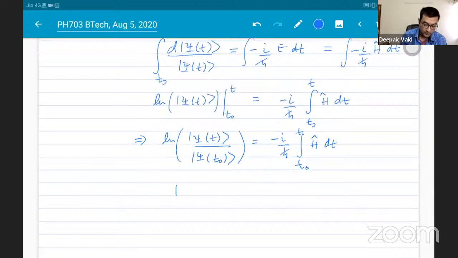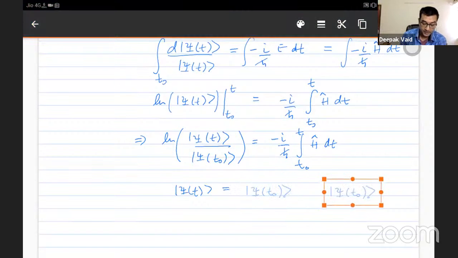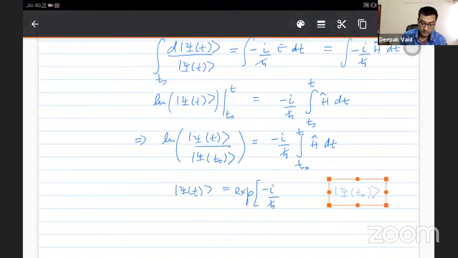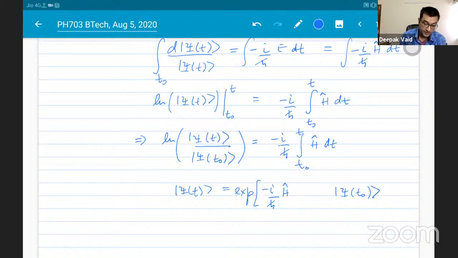And so when I take the exponential of both sides, I would get that psi of t is equal to psi of t naught, and again, this will be to the right, exponent minus i over h bar integral t naught to t of h dt. Now all of this integral of h is in the exponential.